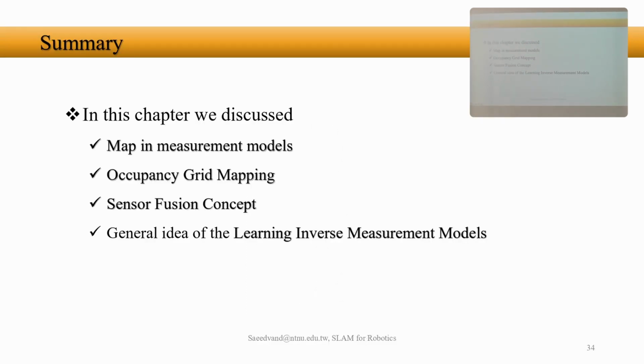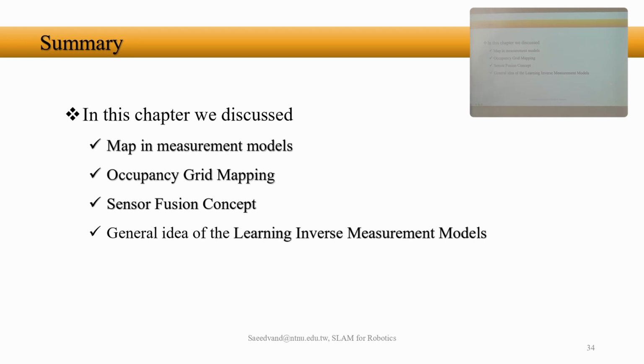So, what did we study today? We studied the map and measurement models first. Then we talked about occupancy grid mapping, how we can formalize it, bring it into log form in order to calculate our probability, and then bring it into algorithmic form. Then we talked about sensor fusion concepts, general concepts. Of course, this is like one semester of a course if we want to go into details, but general concepts are important.